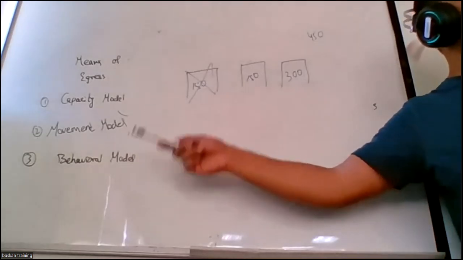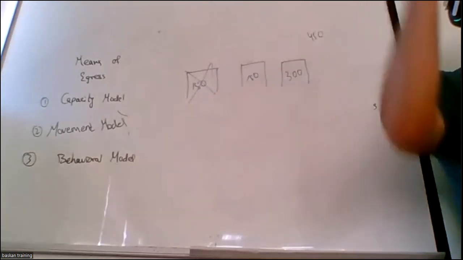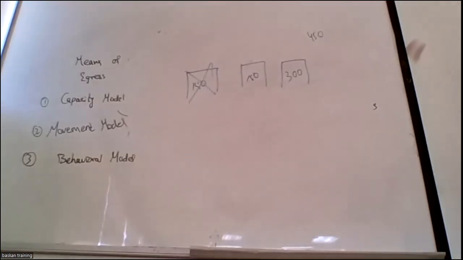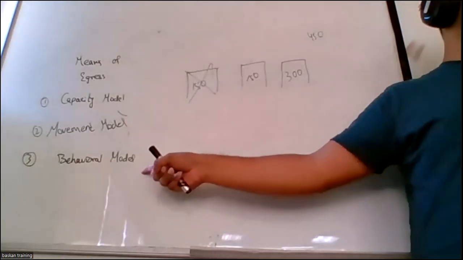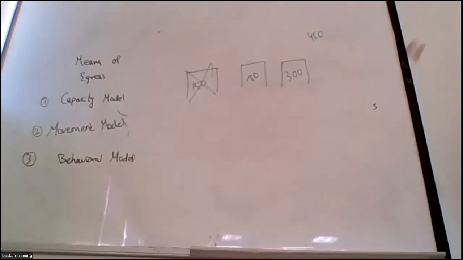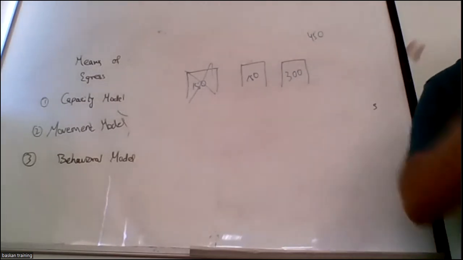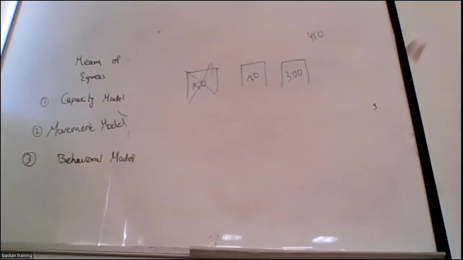They all require the assistance of other people to evacuate. People who are on stretchers or wheelchairs have a common behavior: they cannot evacuate themselves. They need the assistance of other people. So your means of egress design will change in the behavioral model, because the common behavior is that they all require assistance to evacuate. Similarly, your detention facilities, prisons, jails, they have a common behavior.